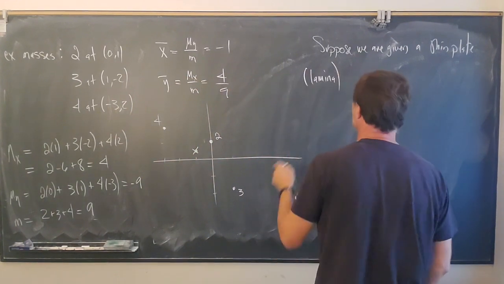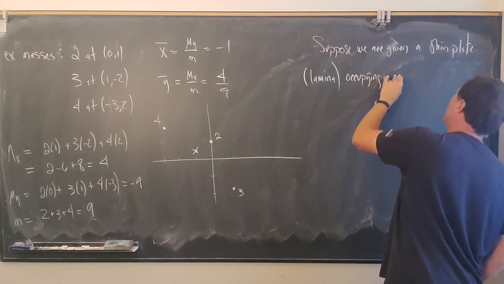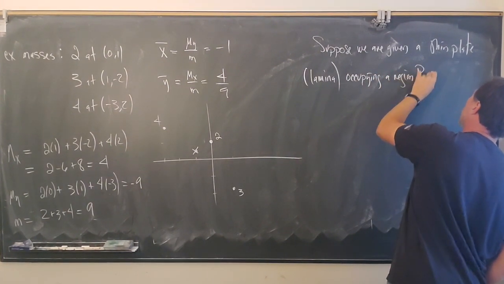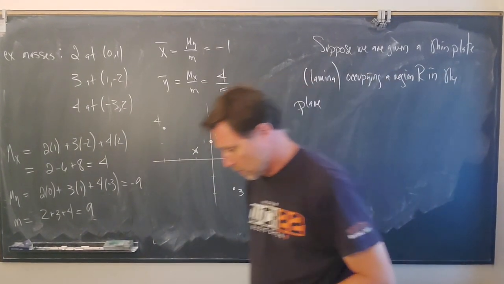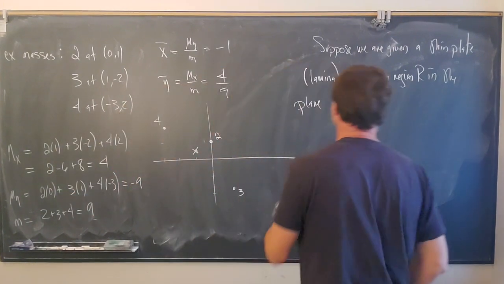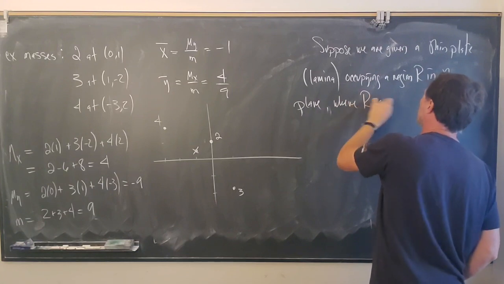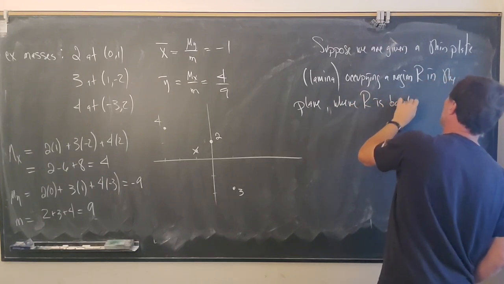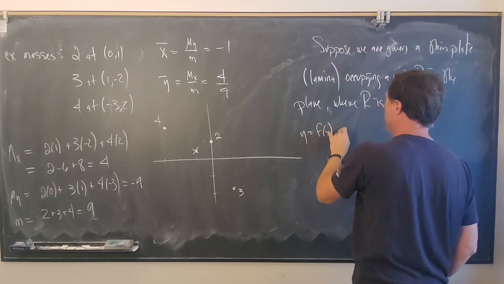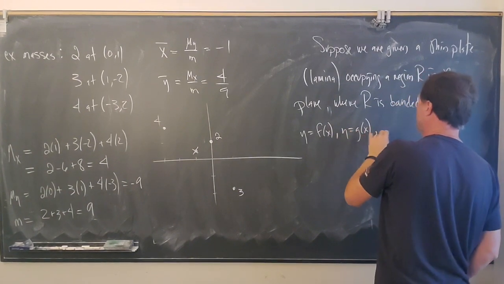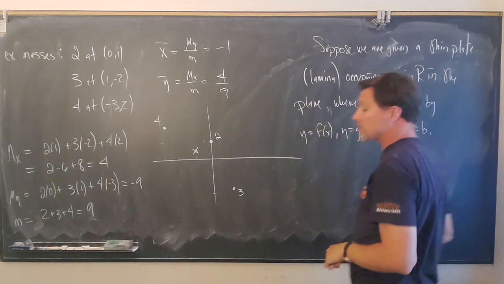It occupies a region R in the plane, where R is bounded by the graph y equals f of x, y equals g of x, and then the lines x equals a, and x equals b. So it's our usual picture.